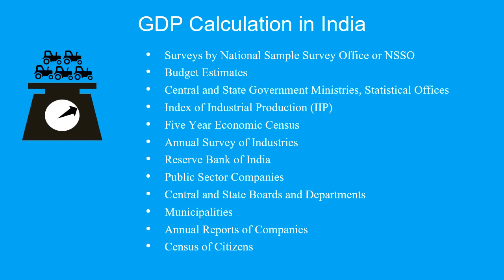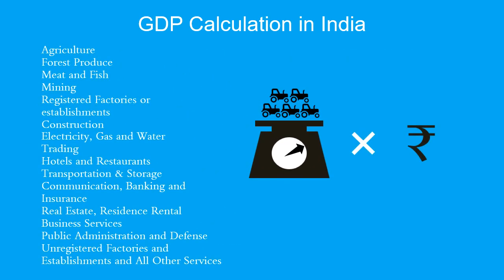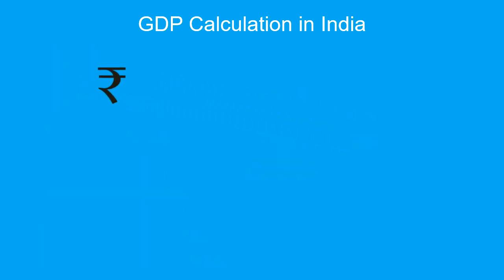Using the information from all these sources, the NSO estimates the consumption of goods and services in the country for the coming financial year. So the other question that remains after this is that of the price of all these goods and services. First, we calculate GDP using the current market price of the goods and services.